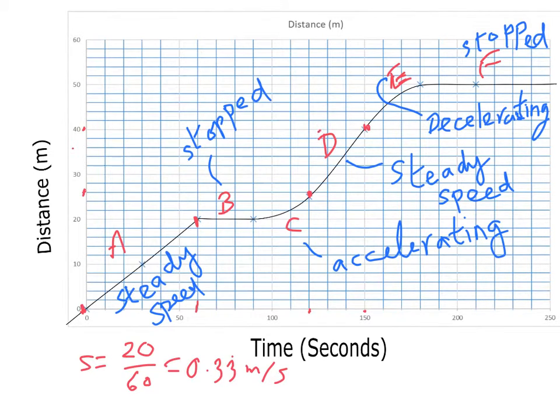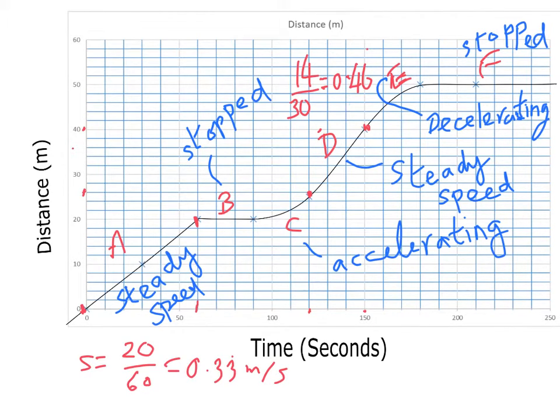So the speed for this section D is 14 divided by 30 seconds, and that gives you a speed of 0.46 recurring. Now you can see here the speed for this section A is 0.33.